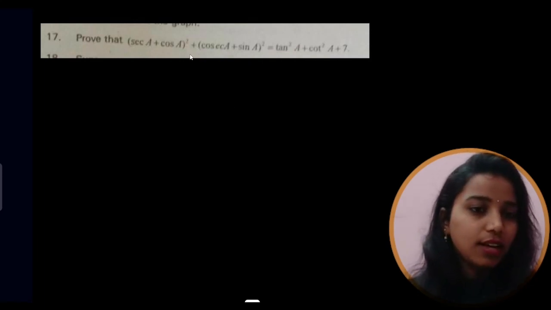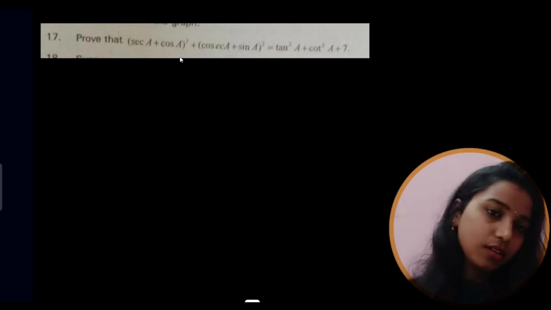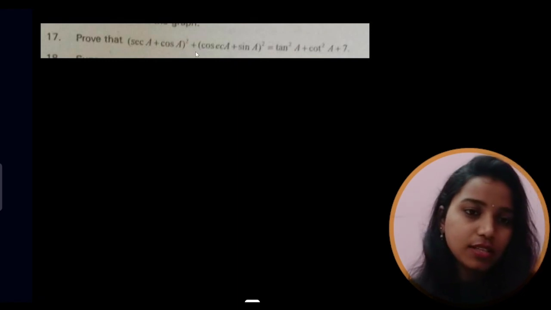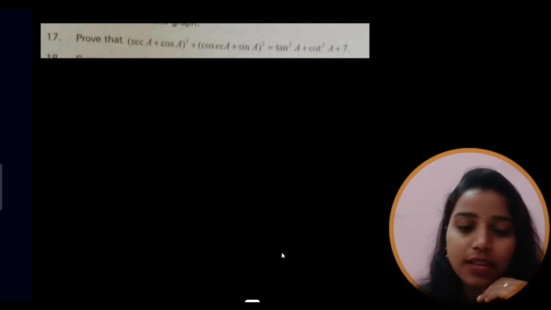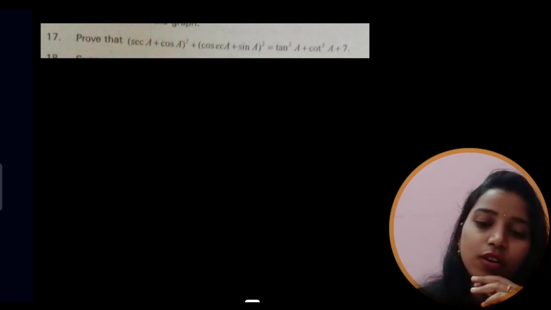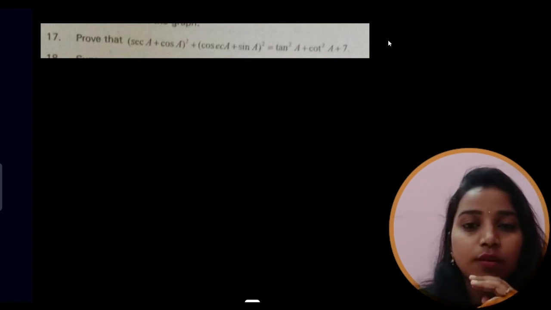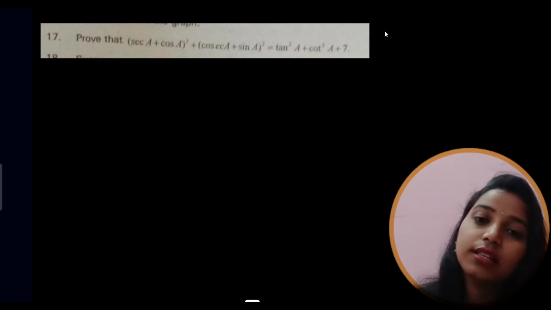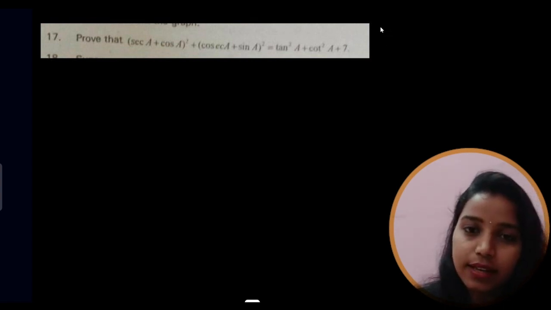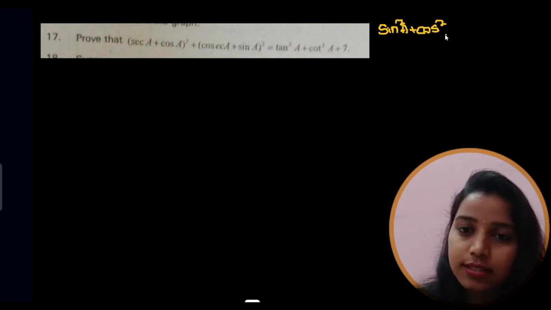So prove that (sec a by cos a) whole square plus (cosec a plus sine a) whole square is equal to tan square a plus cot square a plus 7, right? So, before solving this, let me just give you some list of formulas. First I'm going to give you the identities. Three identities we have: sine square a plus cos square a is equal to 1.